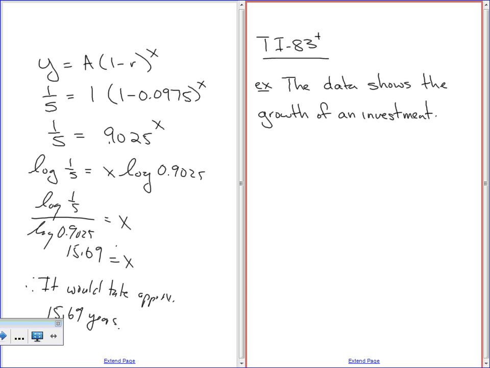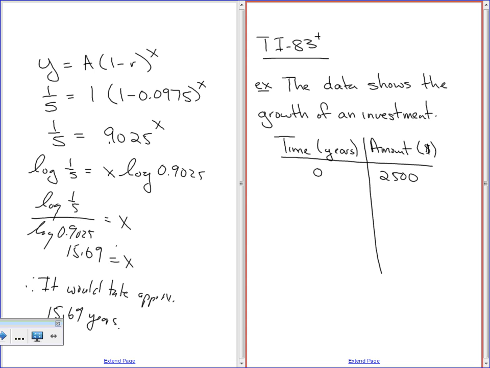Okay, so the data shows the growth of an investment. The investment deals with time, which is in years, and an amount of money, which is in dollars. So you invest $2,500 to be exact.